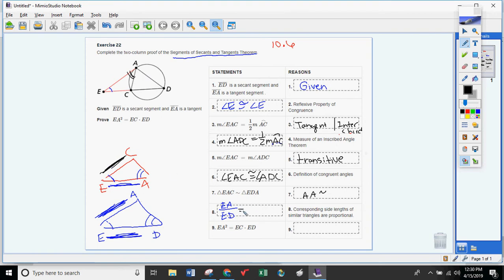EA on the big triangle corresponds with EC on the small triangle, and ED on the big triangle corresponds with EA on the small triangle. Voila, I have a proportion, and when I cross multiply, I get what I'm trying to prove.